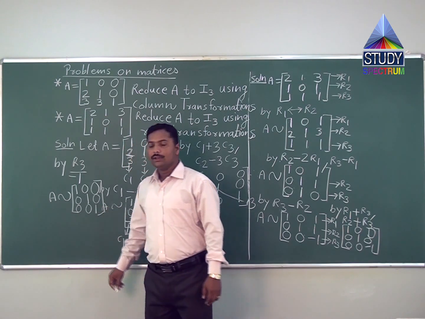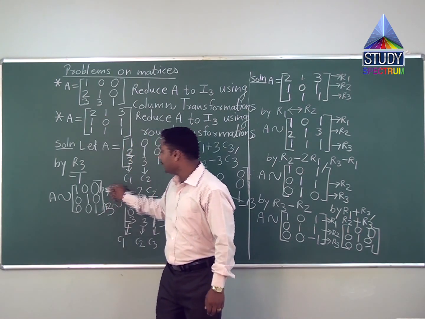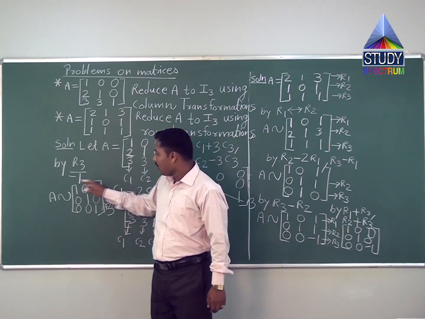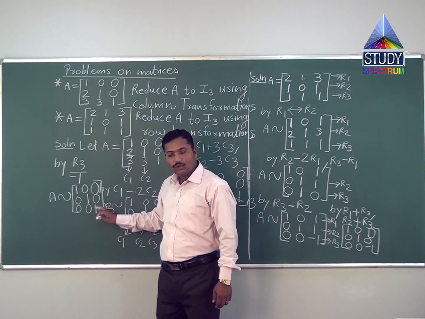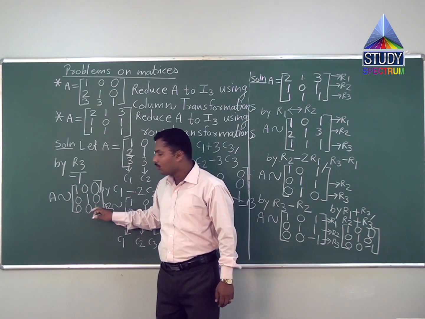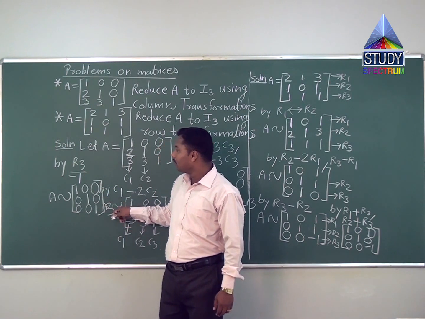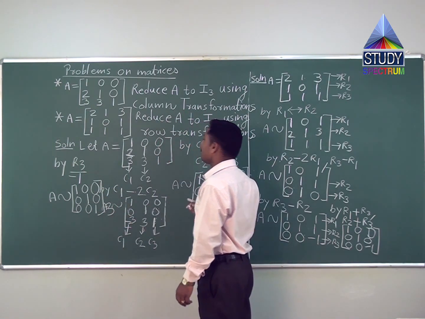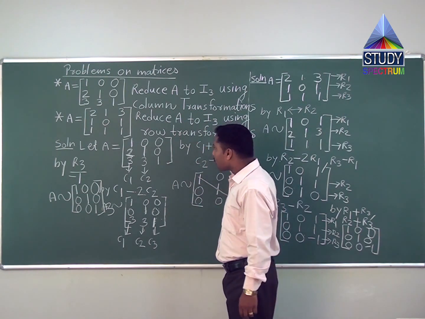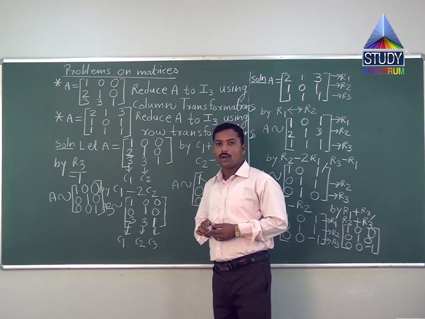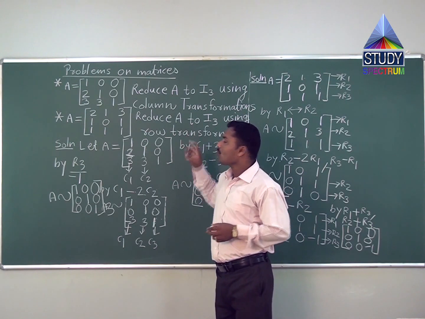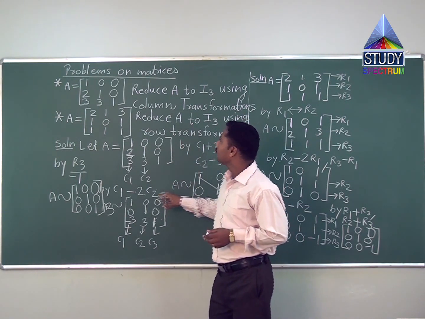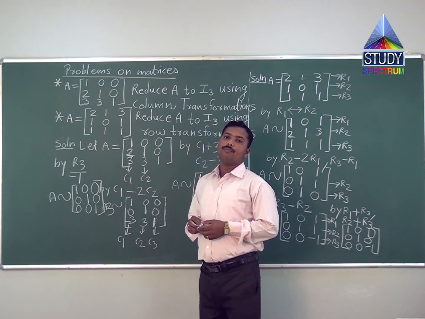So in this manner, this is a 3 by 3 identity matrix. All diagonal numbers are 1, and the remaining non-diagonal numbers are 0. By using row transformation, and also column transformation, we convert any square matrix into the identity matrix.